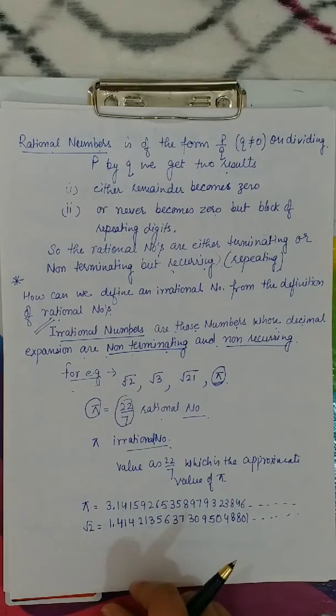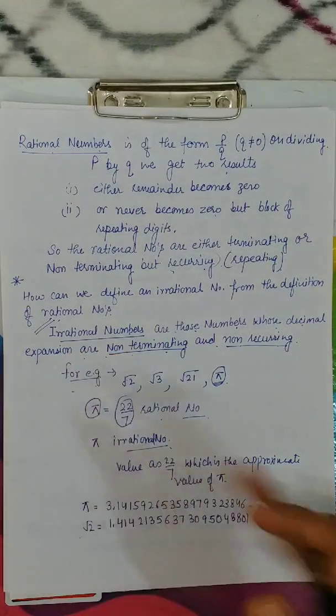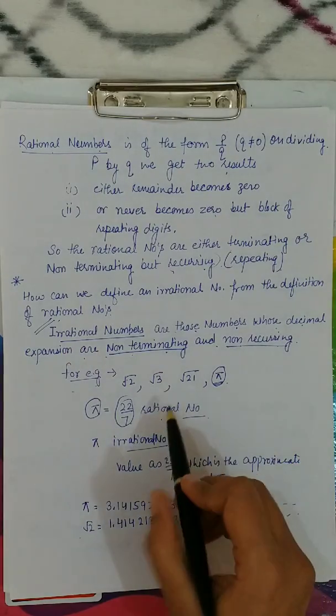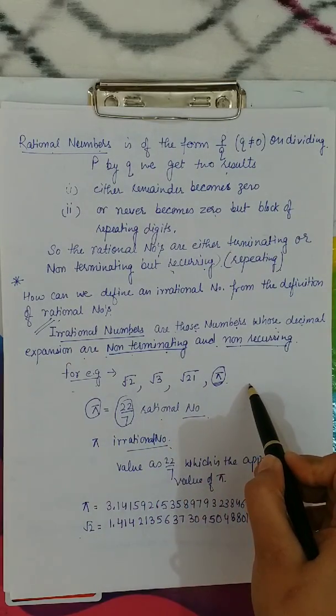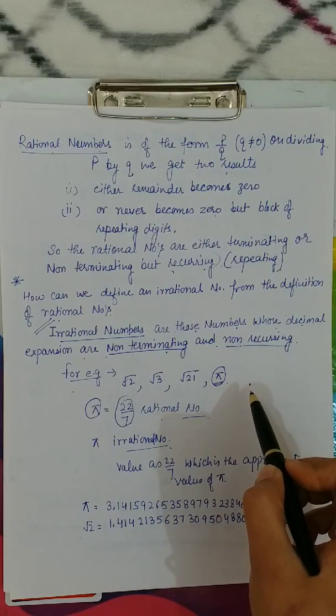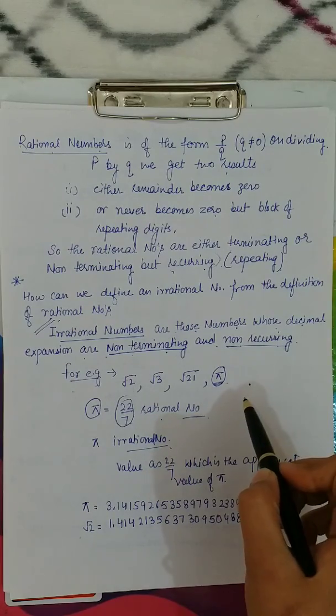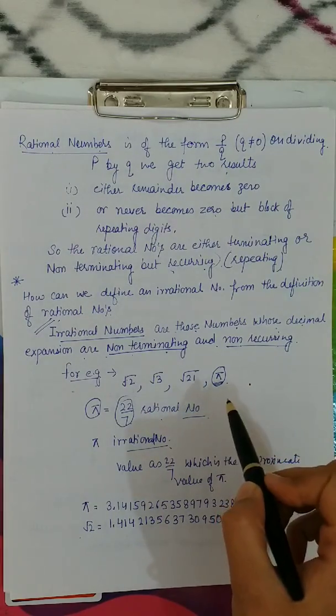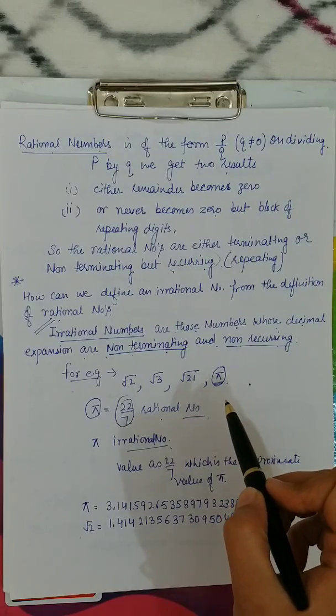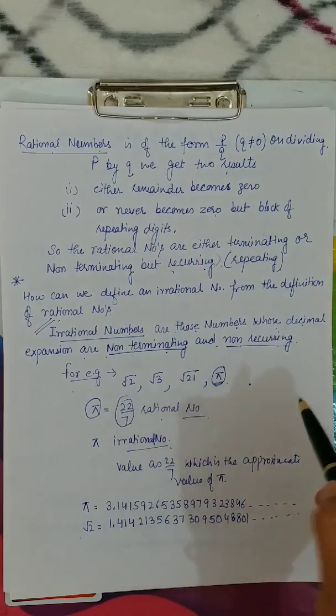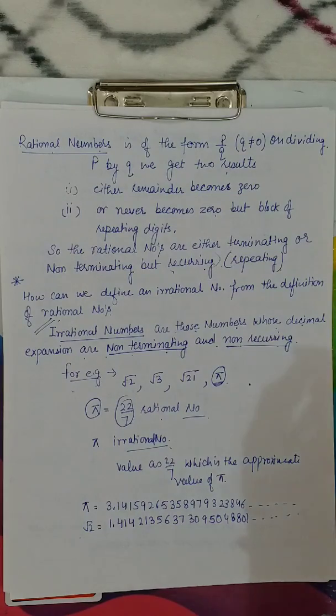Clear? And how can we write the irrational numbers? See, they are mainly the numbers which have square roots of numbers which are not a perfect square of any number. That square root number is called an irrational number.